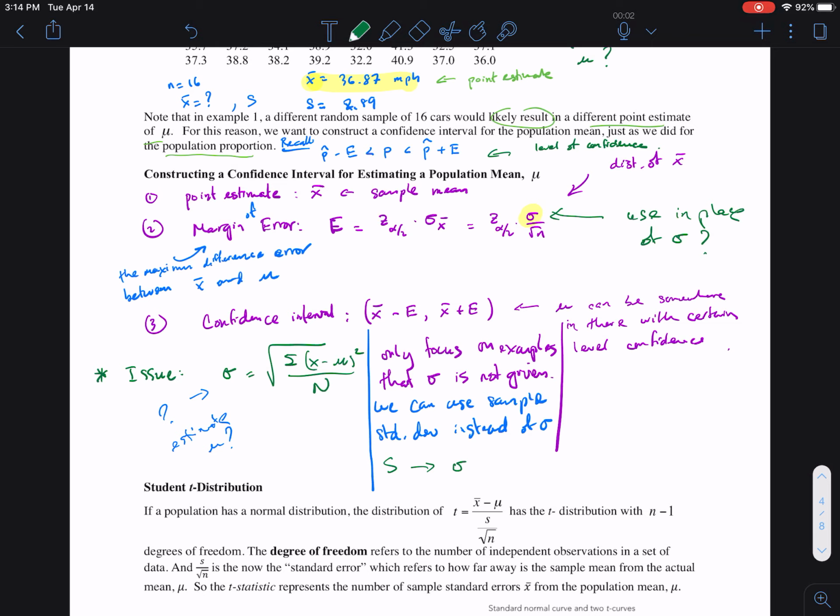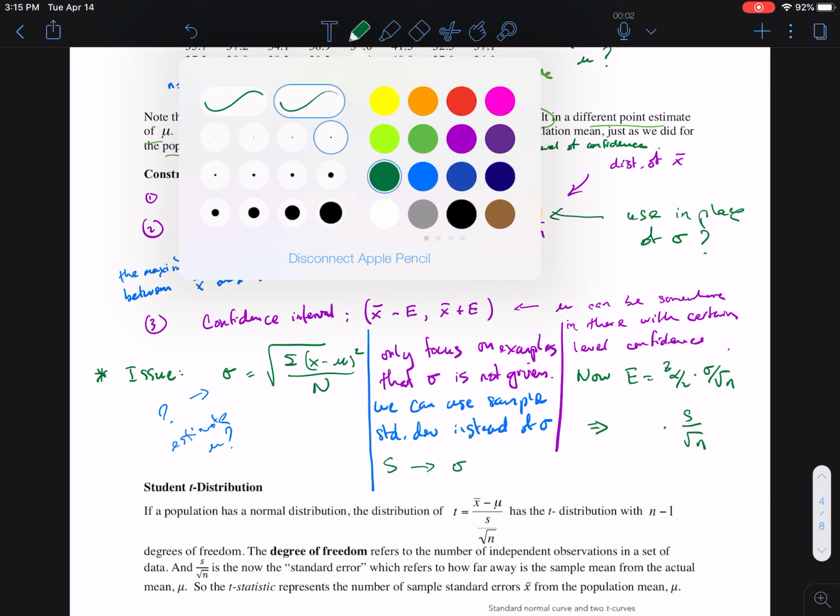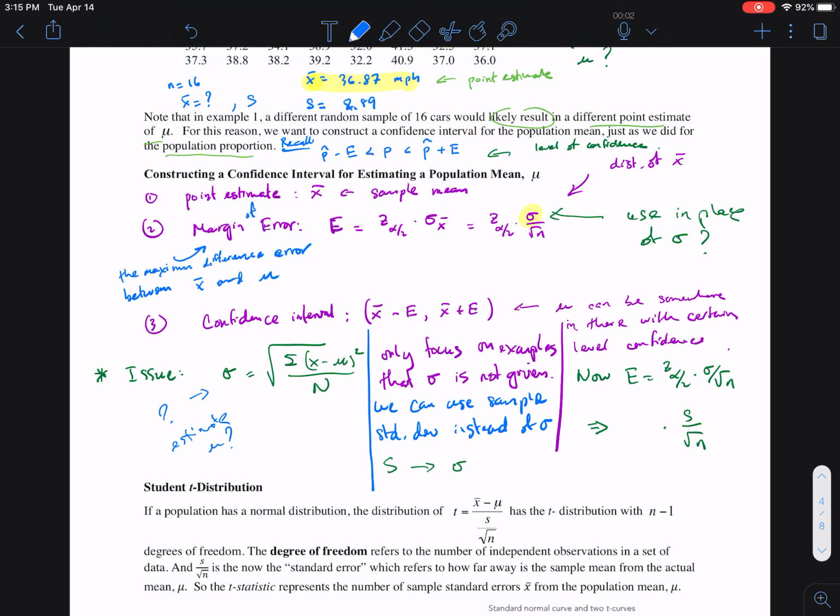Okay, so now the margin of error formula becomes S over square root of N, and we're going to use a different critical value. Instead of Z alpha over 2, we're going to use T of alpha over 2 as our new critical value.